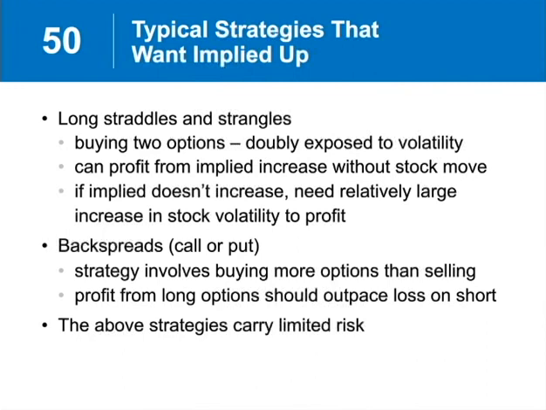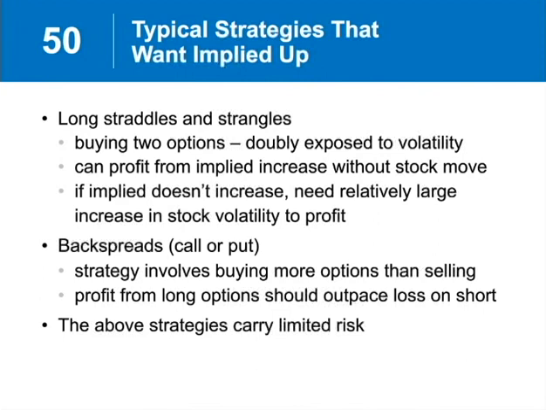So if the stock's 50, we'll say a 45 put. So they're equidistant. So long straddles, long strangles, again, common sense that we're long two options. Implieds go up, premiums go up in both the calls and the puts, in addition to the value that they gain with the underlying moving.